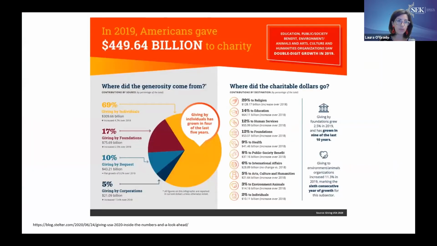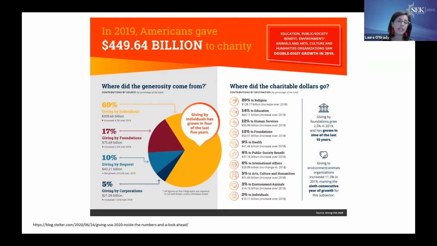And just to put this in perspective, in 2019, Americans gave $449 billion to charity, and 17% of that giving was done by foundations. And that number comes out to about $75 billion. Giving by foundations grew 2.5% in 2019 and has grown in 9 of the last 10 years.